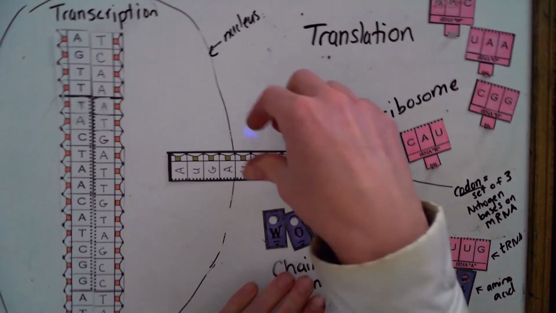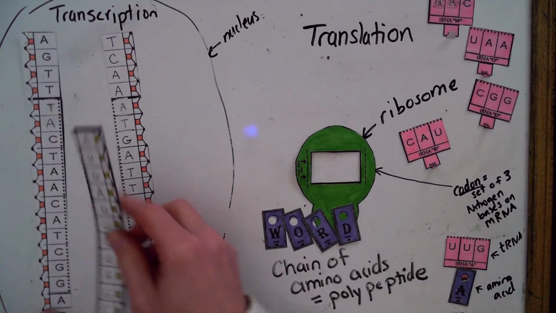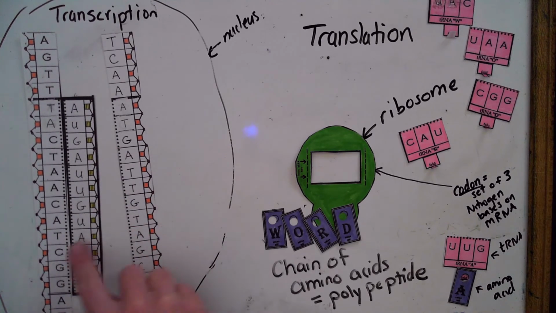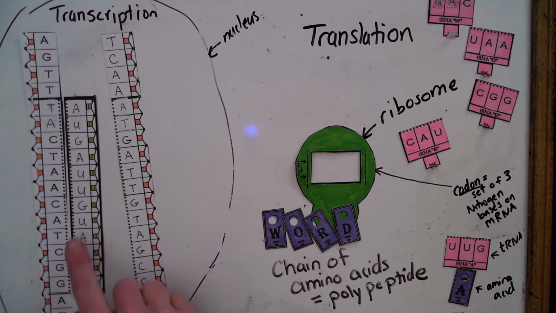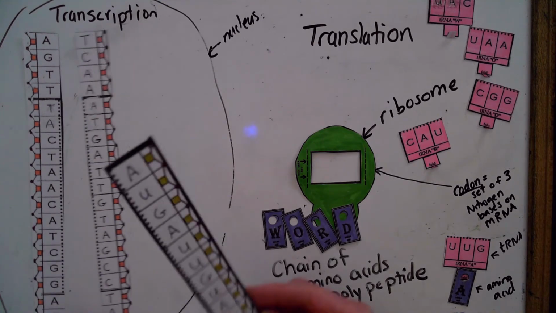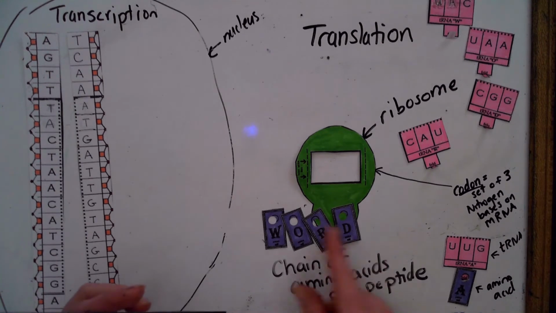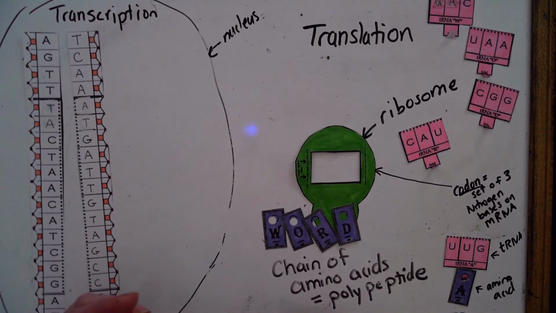So transcription is when we are simply changing the message to a slightly different format called messenger RNA, and then we're going to send the message out of the nucleus. Translation, we're taking this message, which was made out of nucleotides, and we're changing it to a very, very different format. We're translating it.